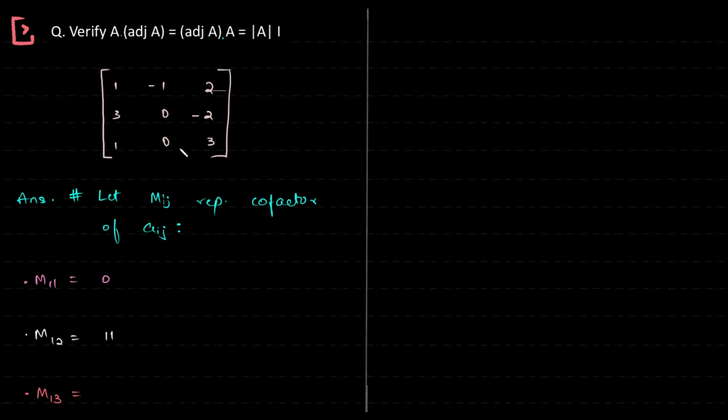So that would be this and this ignored, and again we have 0. Then we have M21. So this and this ignored, so we have minus 3. Then we have M22. This and this ignored, we have 3 and minus 2, so 1. M23, this and this ignored, and this is plus 1.